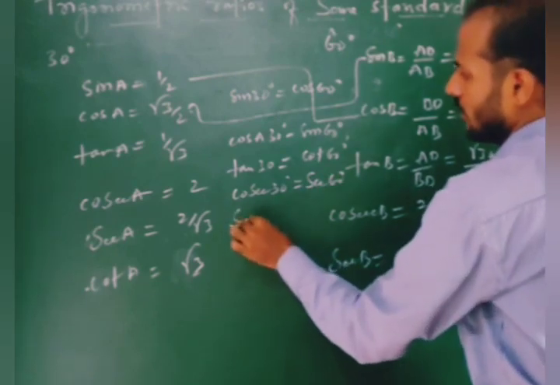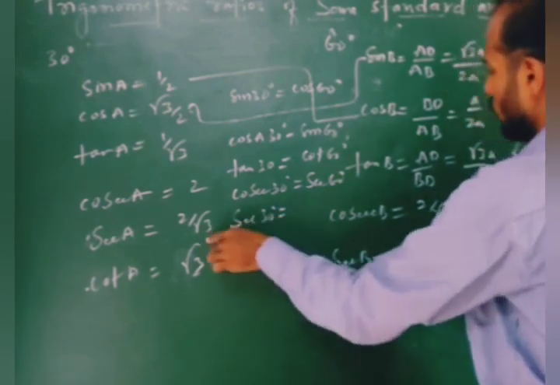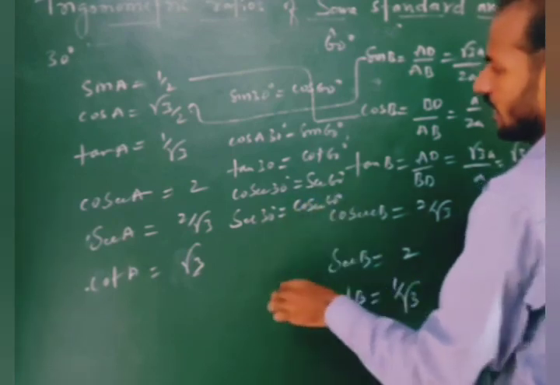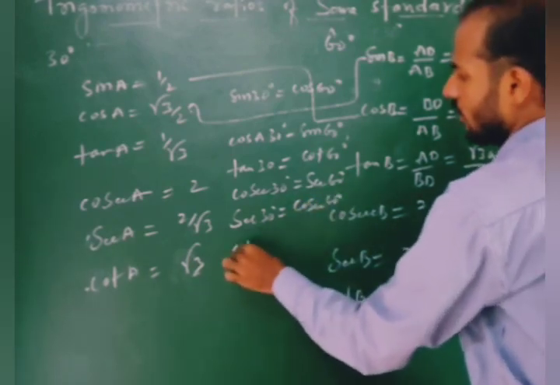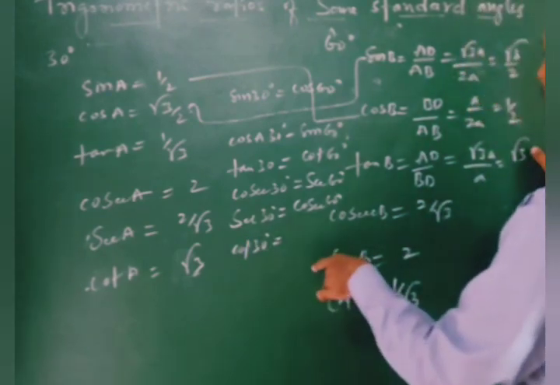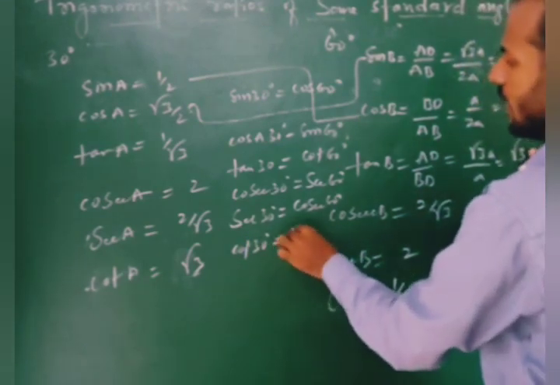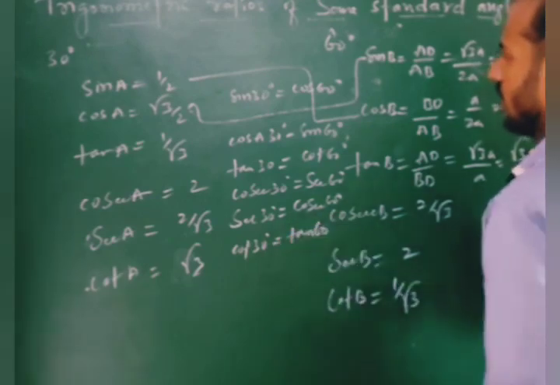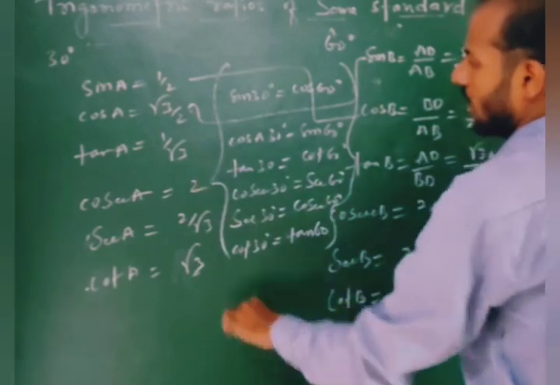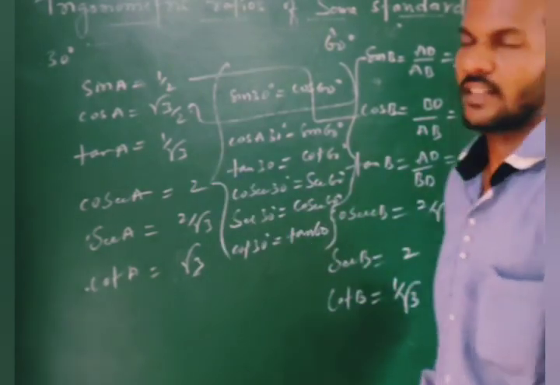Next, sec 30 degree equals to 2 by root 3 is cosec 60 degree, and cot 30 degree equals to root 3, that is tan 60 degree. These are all you have to keep in mind. This much is in this lecture.